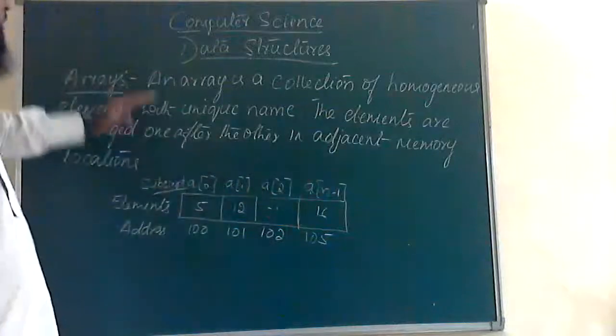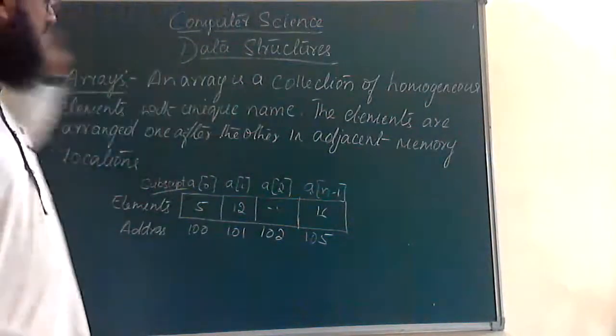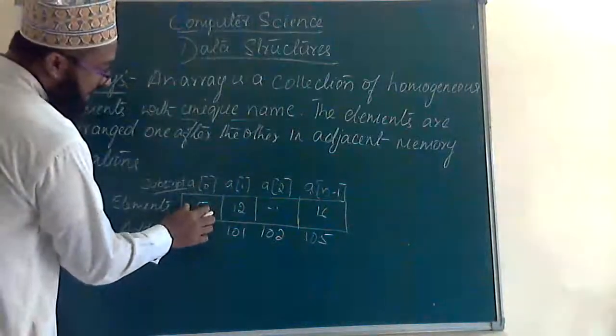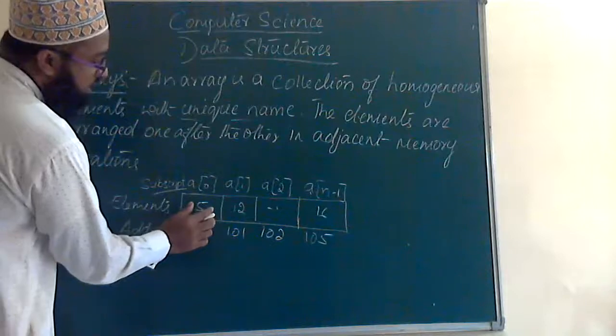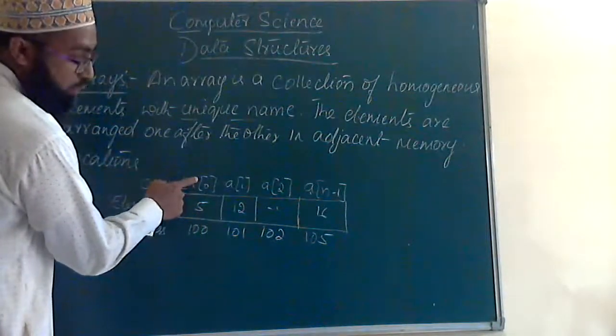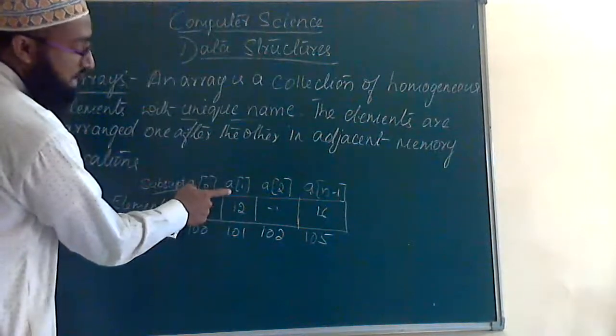Hope you have understood. Array is a collection of homogeneous elements with unique name. Unique name means array data element 5 has a unique name a of 0, and array data element 12 has unique name a of 1.